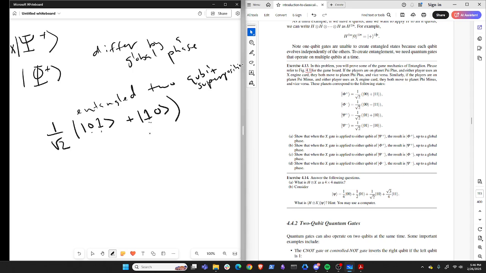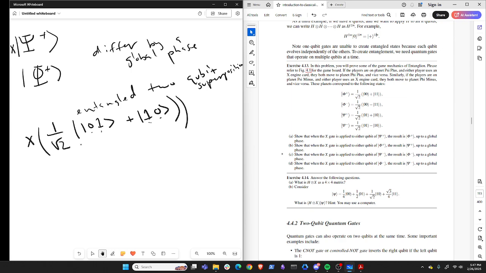And if the first qubit is 1, then the second qubit must be 0. So we have 2 entangled qubits here. So when we apply an X gate to this superposition, regardless of which qubit we actually apply it to, let's say that we are going to apply it to the first one.